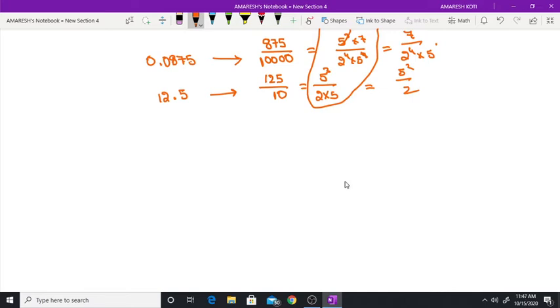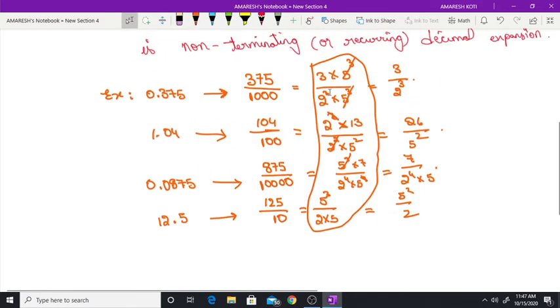Then x can be expressed in the form p by q, where p and q are coprime and the prime factorization of q is of the form 2 power m into 5 power n, where n and m are non-negative integers.